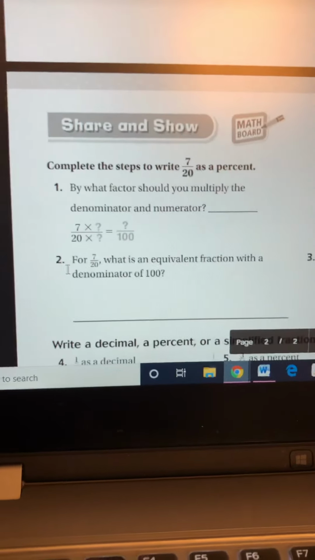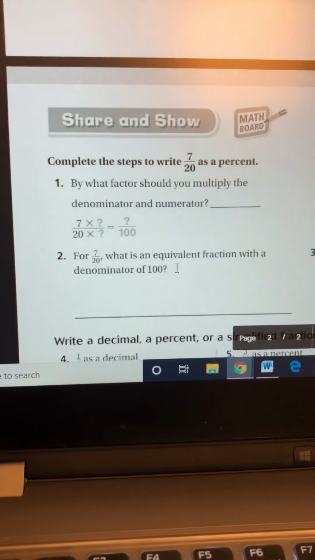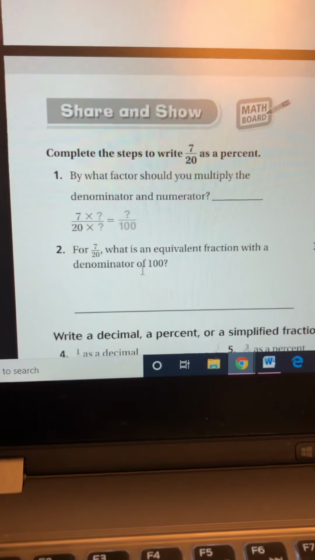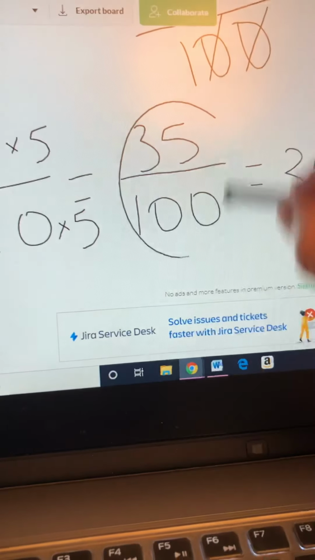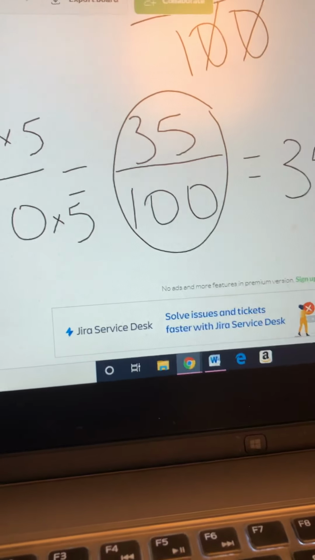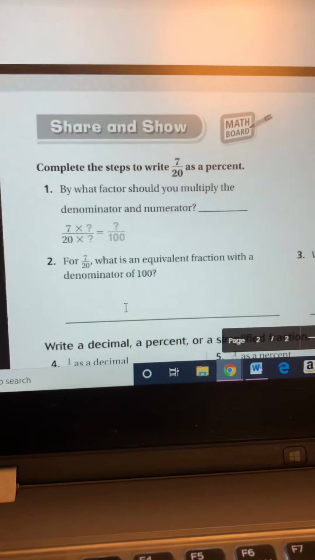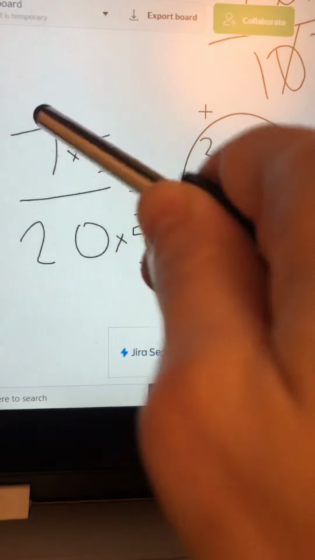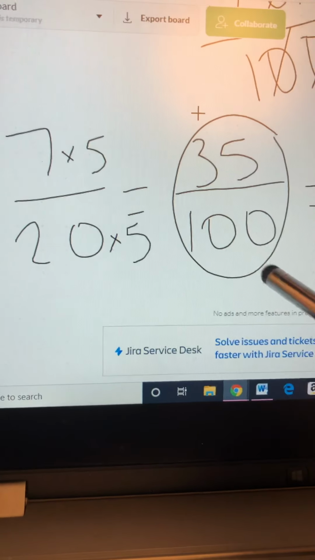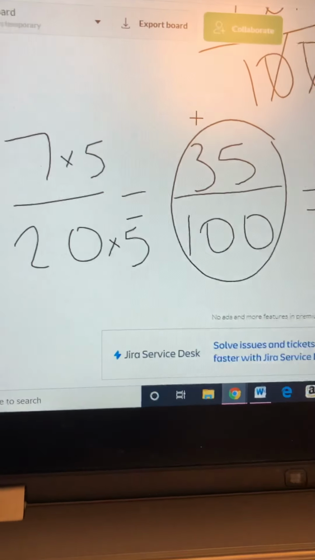So for 7/20, what is an equivalent fraction with a denominator of 100? Well, we saw that here. It would be this. That's your answer for the first part, because that's my equivalent fraction, given that these two fractions, 7/20 and 35/100, are equal to one another.